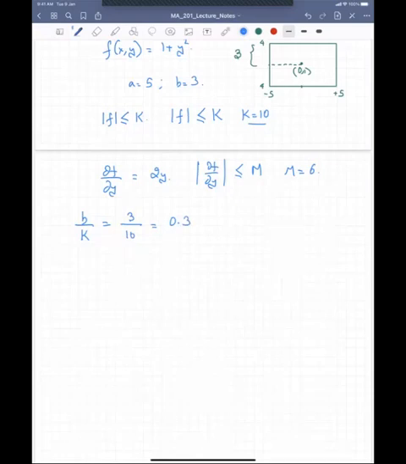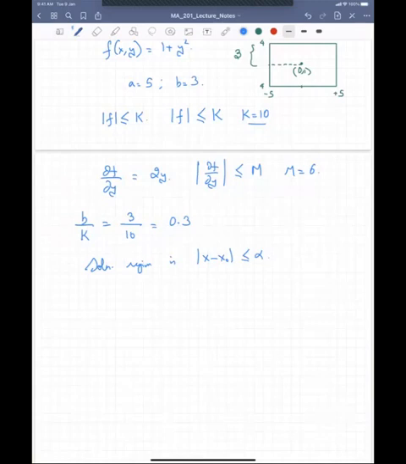Now remember that the theorem guarantees that the solution exists, and the existence region is x minus x0 less than or equal to alpha, and alpha is the smaller of a or b over k.